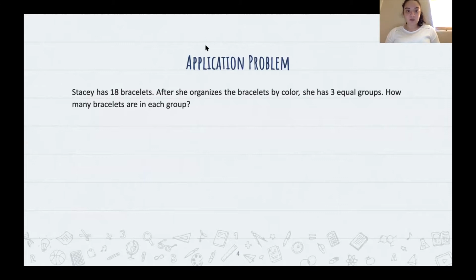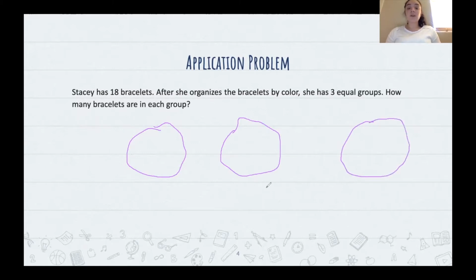What I'm going to do is, we know she has 3 equal groups. You can go ahead and follow along with your whiteboard. I'm going to draw 3 circles because we know that she has 3 equal groups. How I'm going to solve this is I'm just going to put 1 bracelet in each group until I hit 18.